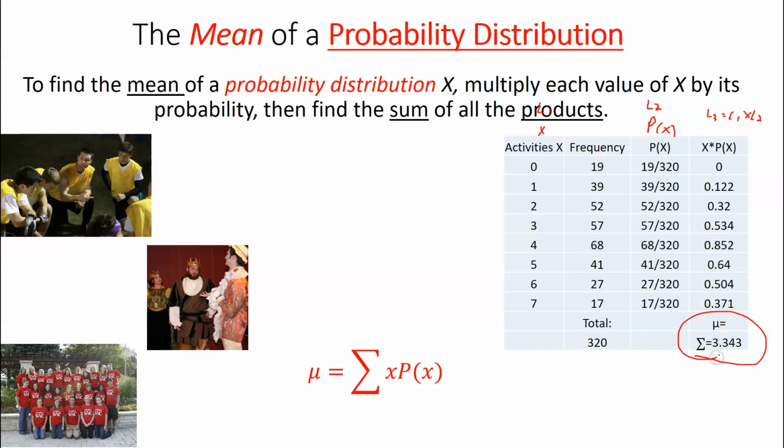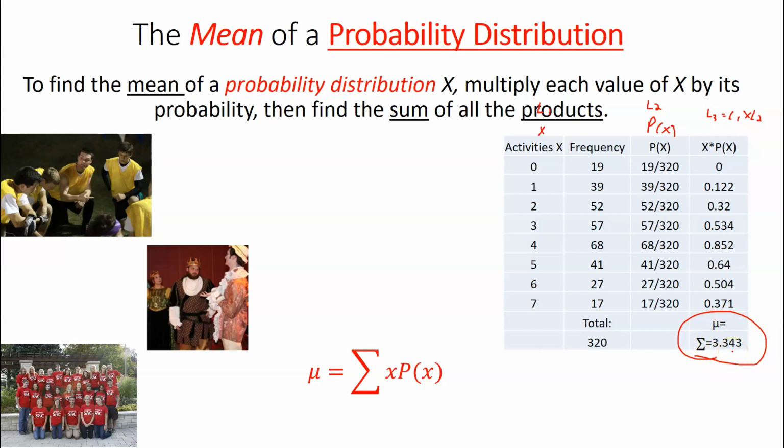Now this might be a sample mean, it might be a population mean. In this case, I'm looking at the entire population of a group of students, so that is a population mean. But what this can be interpreted as is, if I was to pick a bunch of students at random and average out how many activities that group are in, this is the average number here, the mean, or the expected value.